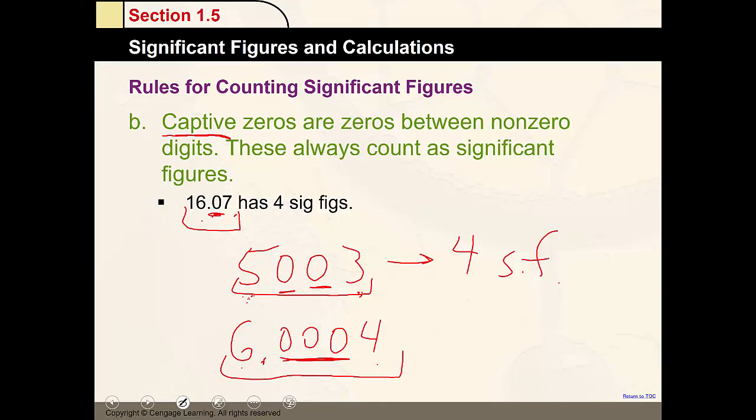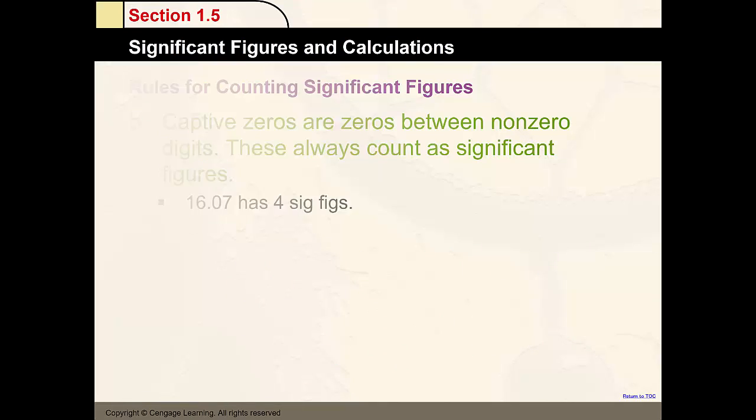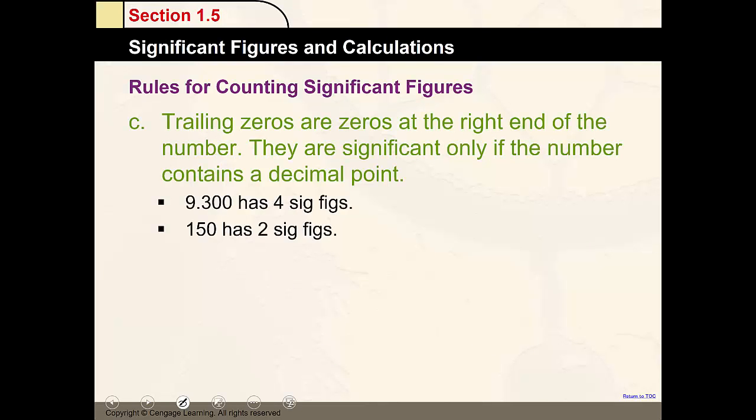So 6.0004 has 5 sig figs. Okay, so the second type of zero, captive zeros, zeros in the middle of a number between 2 non-zero numbers, are significant.